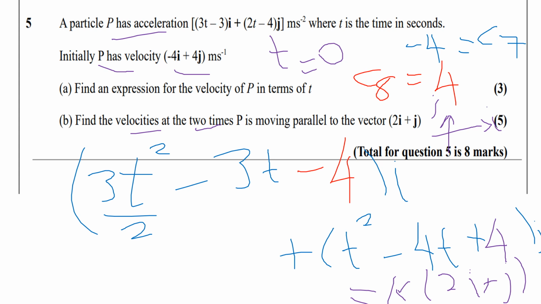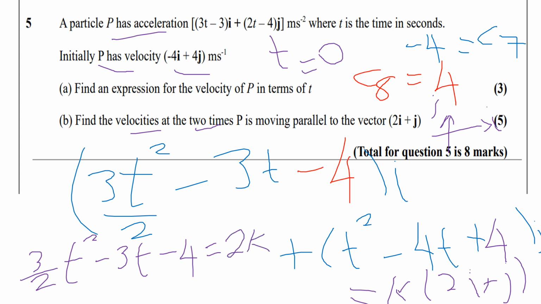So we're going to have 3/2 t squared minus 3t minus 4 equals 2k, when you compare the coefficients of i.